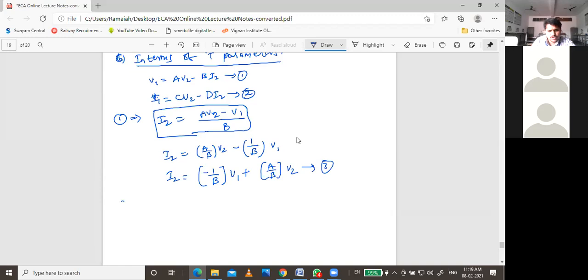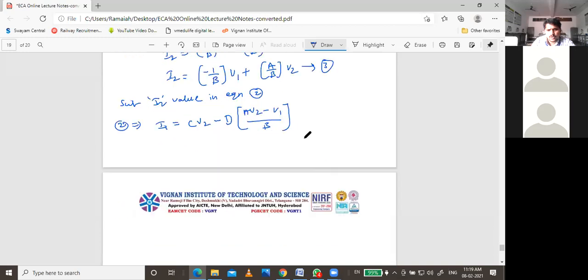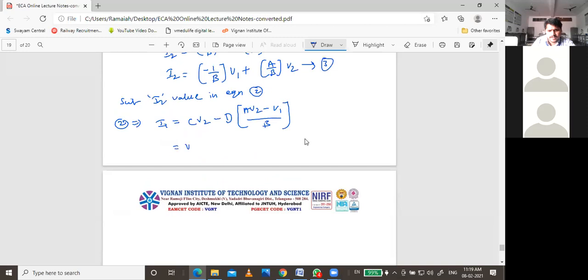Next, substitute this I2 value in equation 2. Therefore, from equation 2, you can write I1 equal to C V2 minus D into what is the I2 value, A V2 minus V1 by B. Now, let us take V2 as common. C is the coefficient, and minus D into A, that is AD by B, is the V2 coefficient.